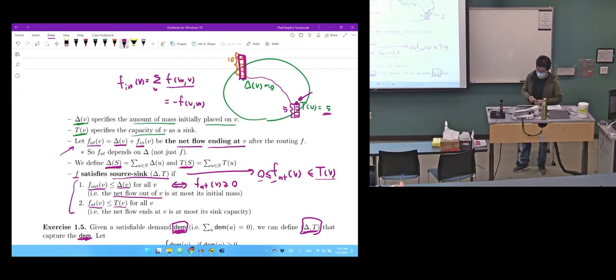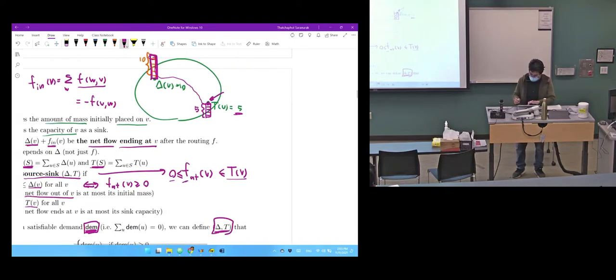It's going to be something that just makes sense. You can try to guess too. Can anyone? Whenever it's positive demand, you make the mass function, like delta V, equal to the demand of V. Otherwise, you make the sink T of V equal to minus the demand. Exactly.